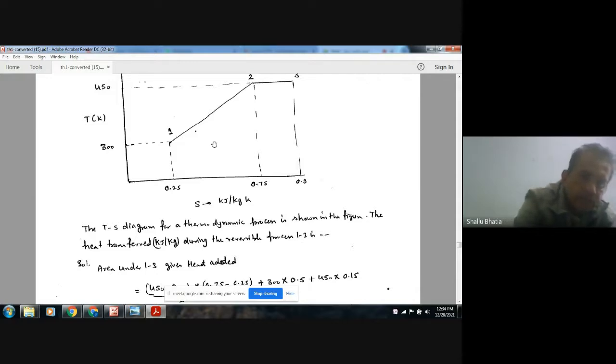So here the area under the curve 1 2 3 will give the heat transfer. It comprises three portions.